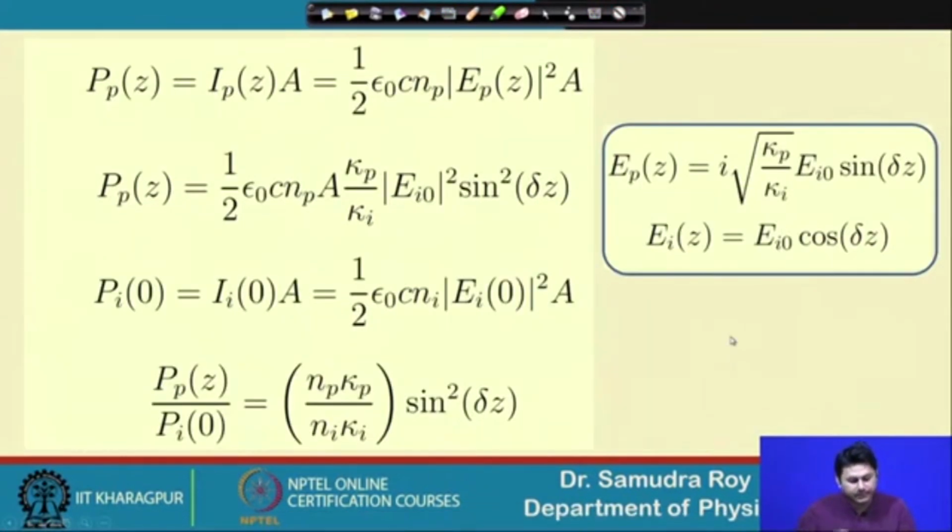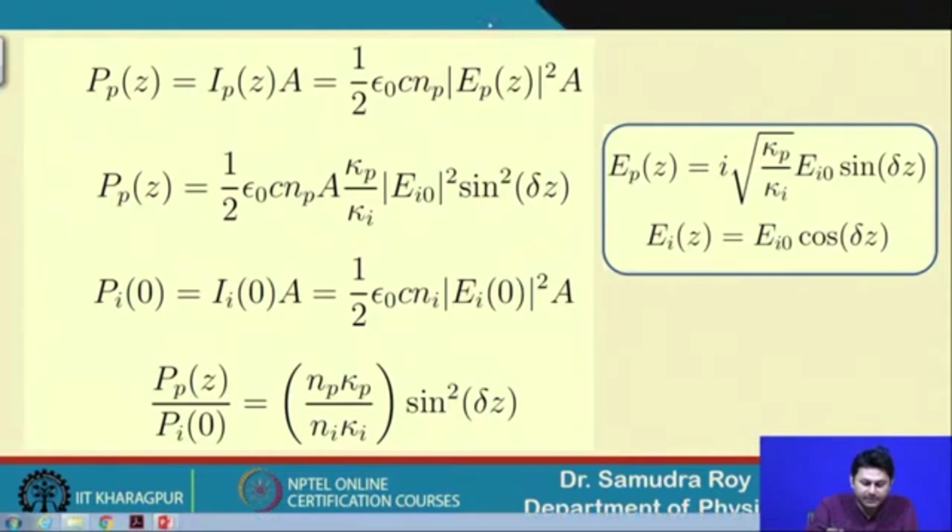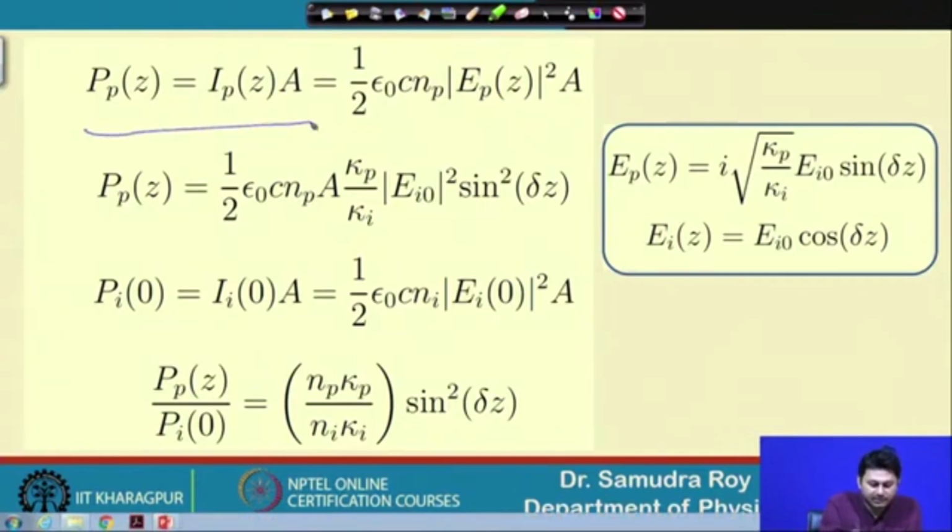The power associated with the electric field EP can be simply written as PP equal to IP multiplied by A. IP is the intensity and A is the area. So, intensity multiplied by area is the corresponding power.